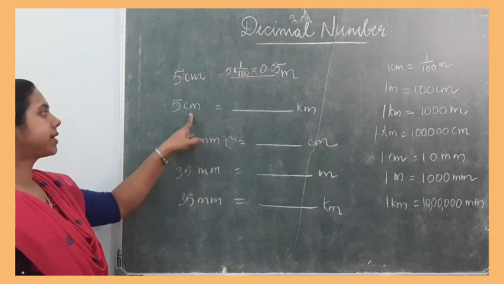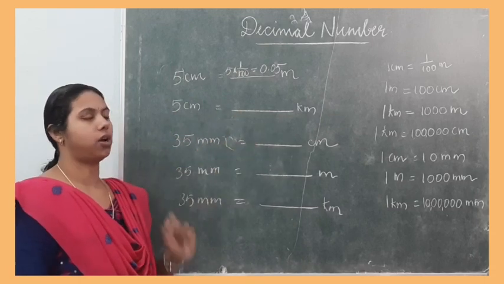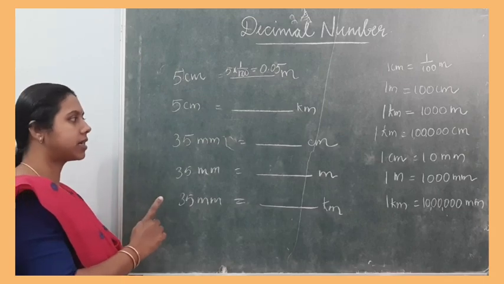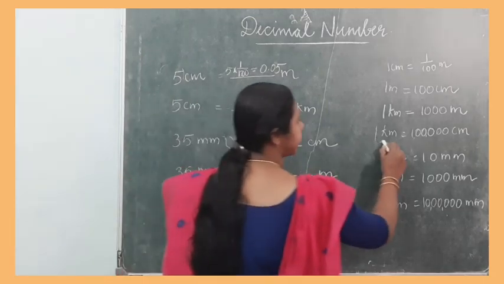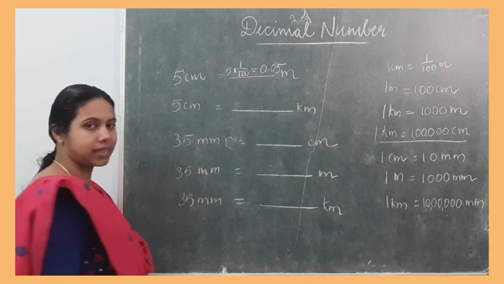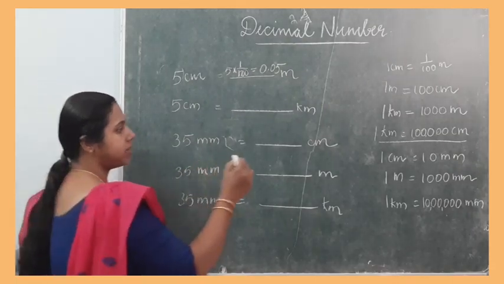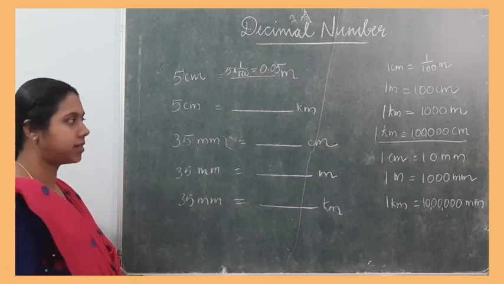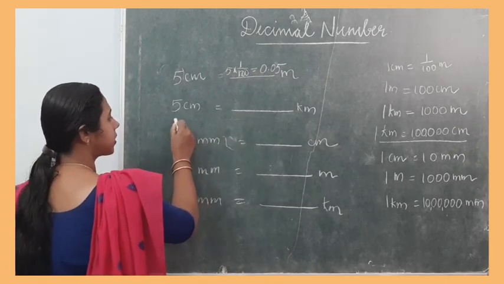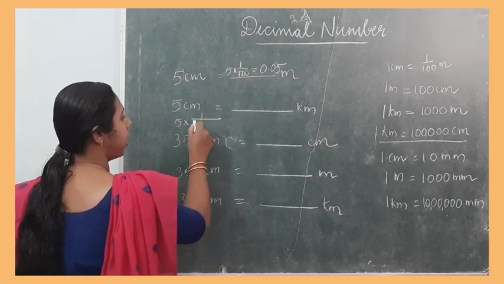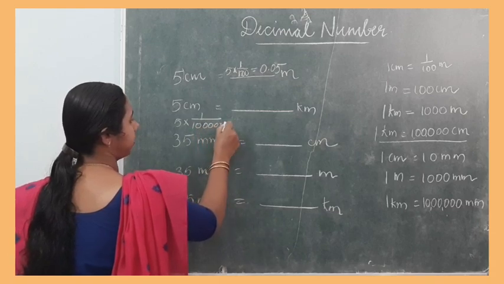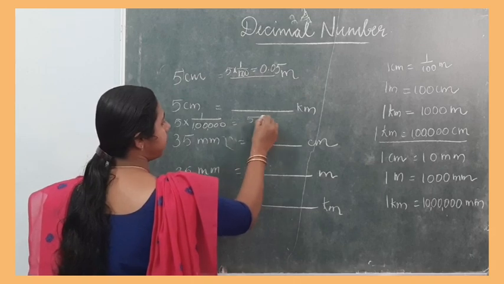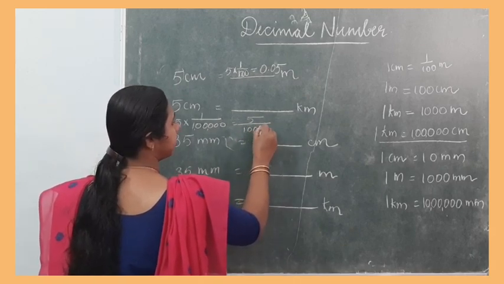Next, 5 centimeter is equal to dash kilometer. We know that 1 kilometer is equal to 1 lakh centimeter. So 1 centimeter is equal to 1 by 1 lakh kilometer. So 5 centimeter means 5 into 1 by 1 lakh, which is equal to 5 by 1 lakh.